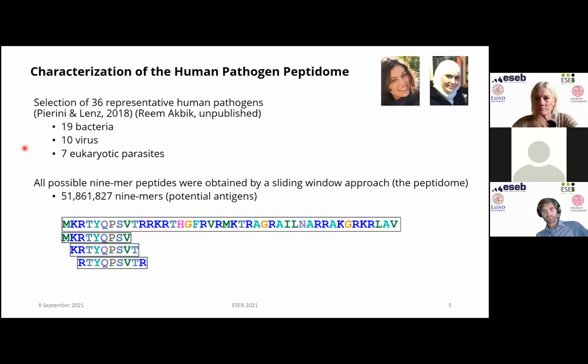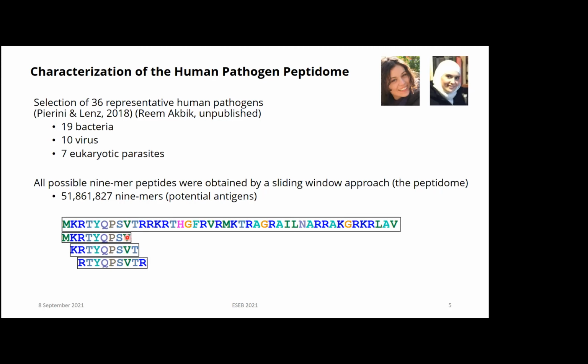I downloaded the proteomes, and with a sliding window approach we obtained all possible 9-mers of these pathogens, which represent potential antigens that our MHC molecules can bind. In total, we obtained more than 51.8 million 9-mers, and we analyzed the sharing of these 9-mers among the pathogens.